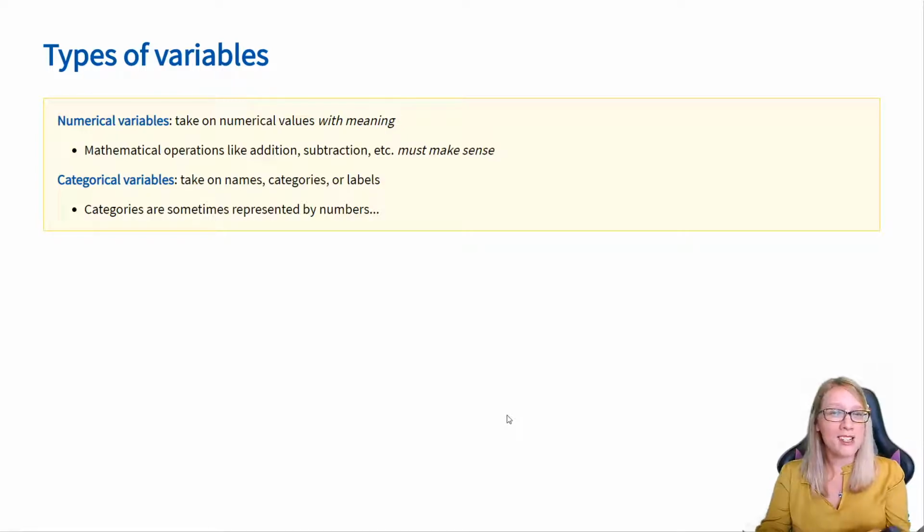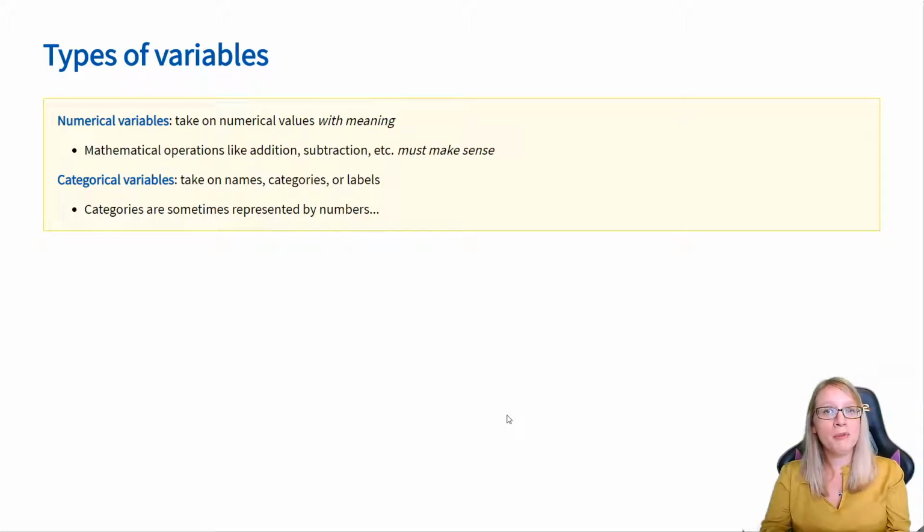It doesn't make sense to add and subtract zip codes. They're just numerical identifiers. So we wouldn't consider something like that a numerical variable. However, something like height, weight, blood pressure, those have relative magnitude. Those numbers have meaning. So those are, in fact, numerical.